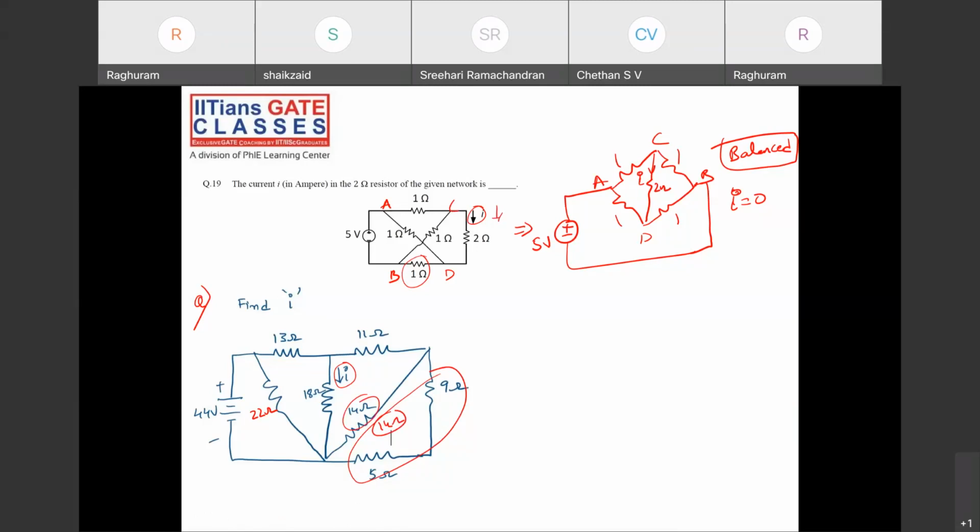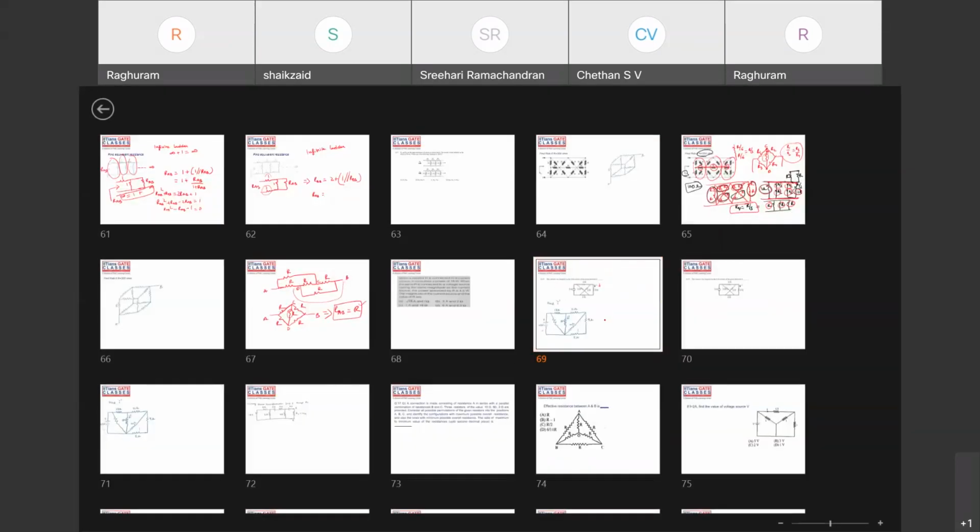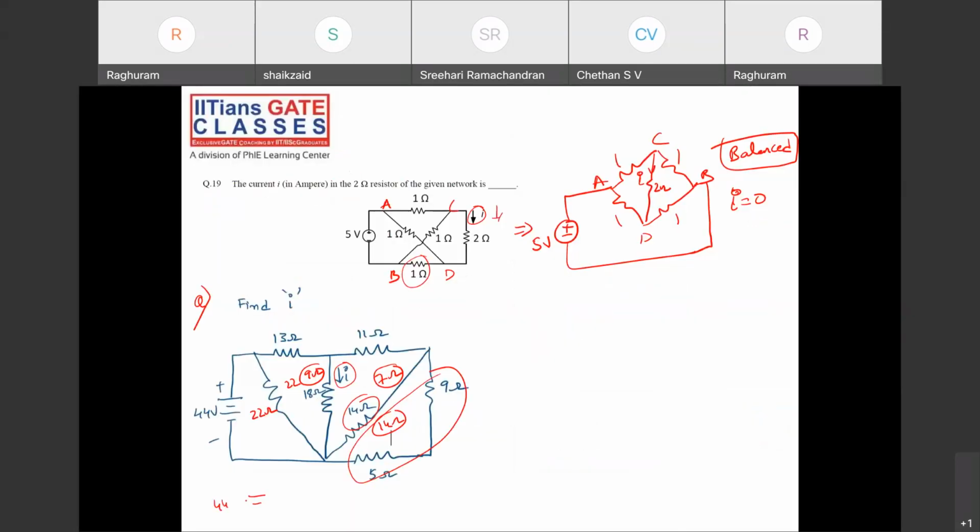How much? 7. 7 ohms is in series with 11, that is 18. 18 parallel with 18 is 9. 9 series with 13 is 22. 22 parallel with 22 is 11. So this entire will become 44 and this is 11 ohms.